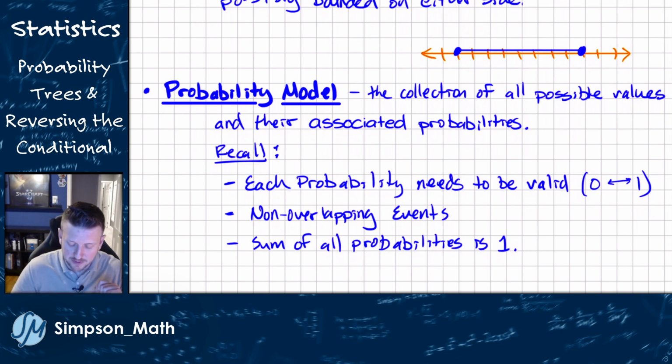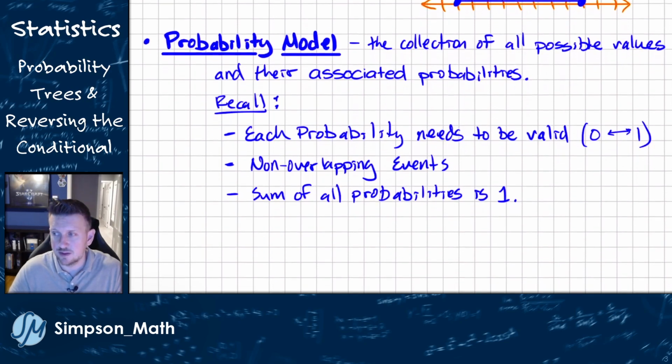Recall that for valid probability models, each probability needs to be valid, between 0 and 1 inclusively. These are also non-overlapping events, so they are disjoint from one section to another, and the sum of all those non-overlapping probabilities is 1.